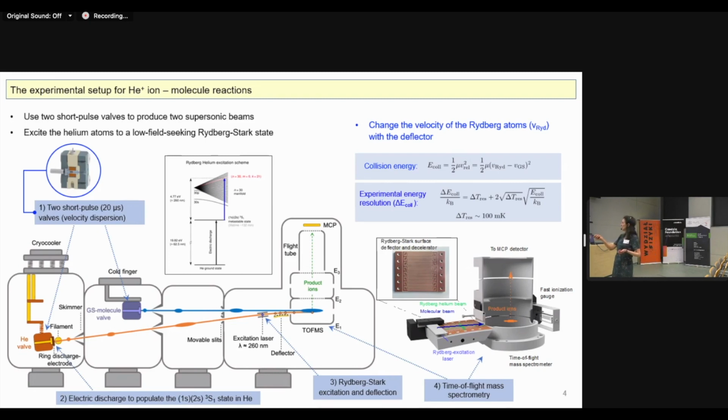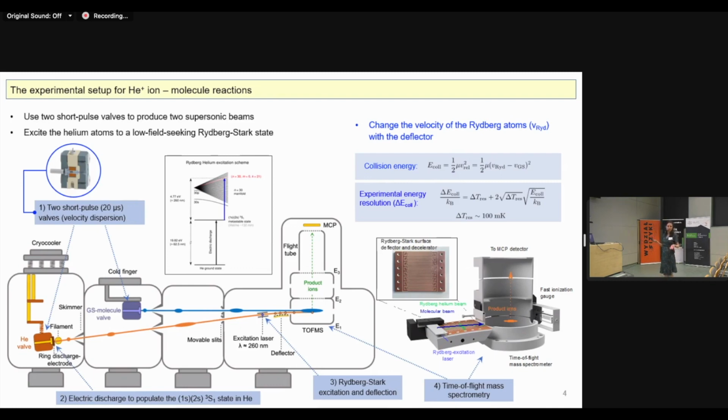These metastable atoms travel, and then at some point, they get excited by a laser to a Rydberg state, and then they get captured in an electric field trap, which is formed above the surface of this 50-electrode Rydberg Stark deflector and decelerator. Once the two beams are merged, they enter a time-of-flight mass spectrometer where we can detect the product ions of the reaction.